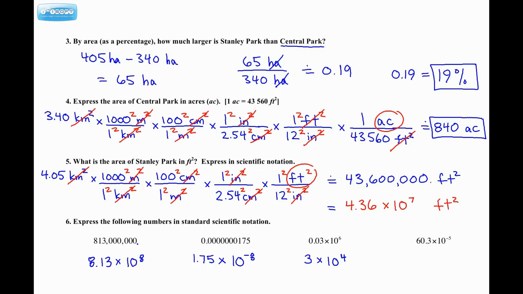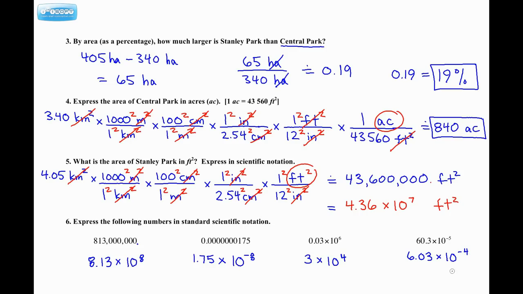It goes up, gets bigger. So this is going to be 6.03 times 10. But I already had a minus 5, okay? So this number has to go up. It means it has to get bigger only by 1. So now it's to the minus 4.